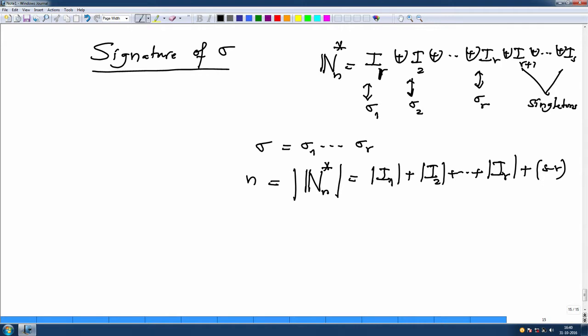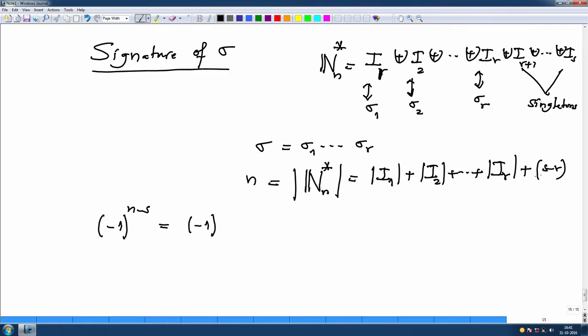Therefore, what is minus 1 power n minus s? This is equal to minus 1 to the power, with n put in from here, and this s getting cancelled with this.